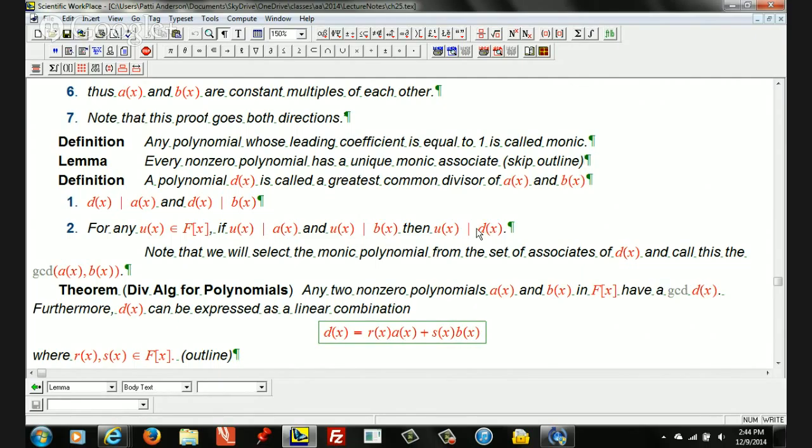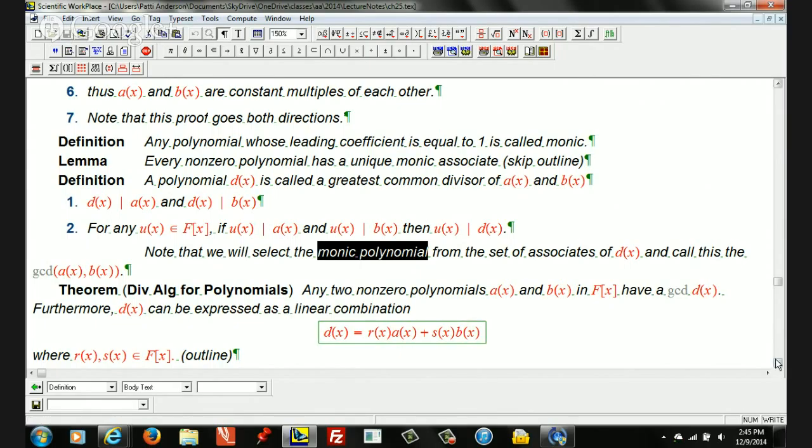That's our way of saying d is bigger than any of the others that divide them. So that's our definition. We are going to select the monic polynomial from the set of associates of d of x and call that the greatest common divisor. That allows us to view the greatest common divisor as a unique polynomial. So on your homework, please choose the monic.